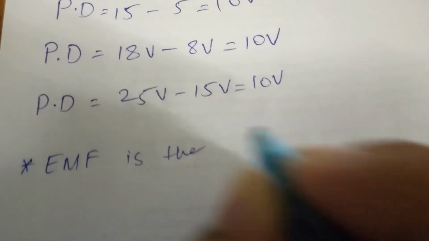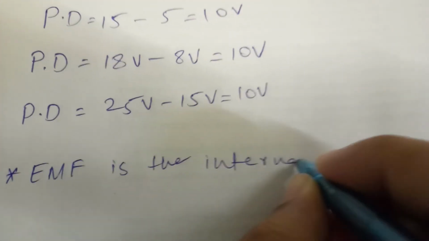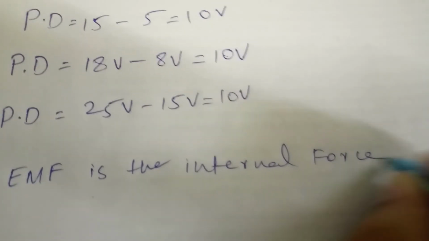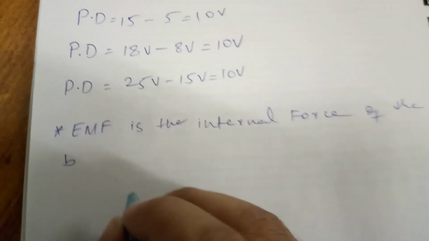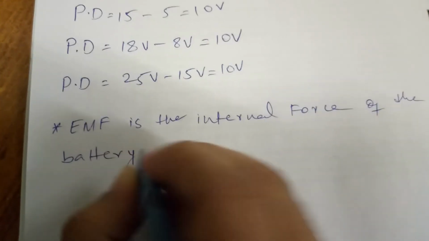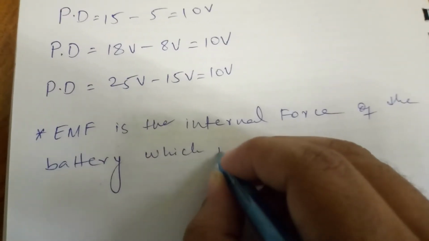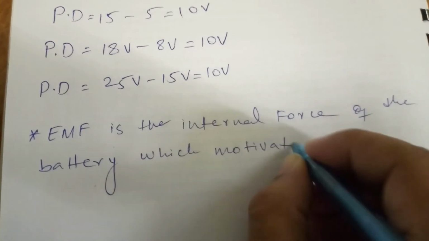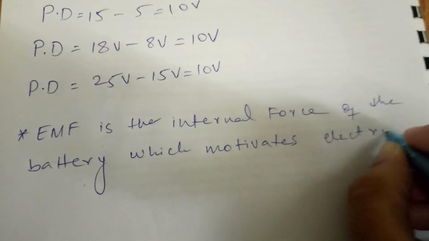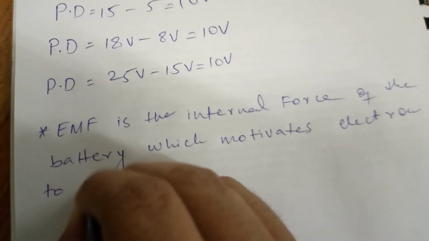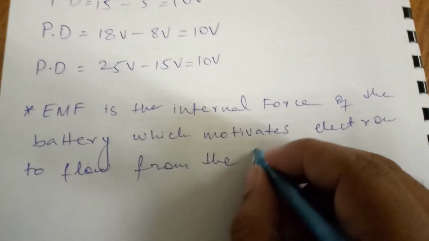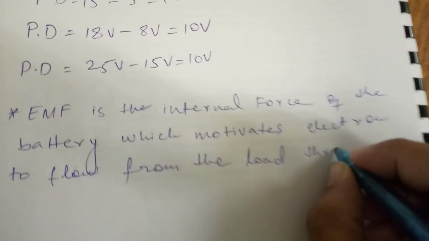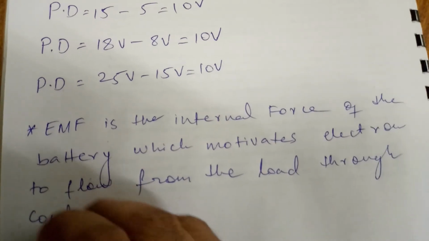EMF is the internal force of the battery which motivates or pushes electrons to flow from the load through conducting wires.